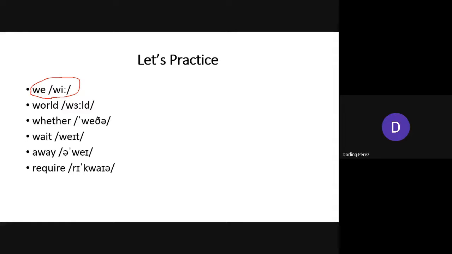We say we. The vowel first, like a vowel. This one. Word. We say word.